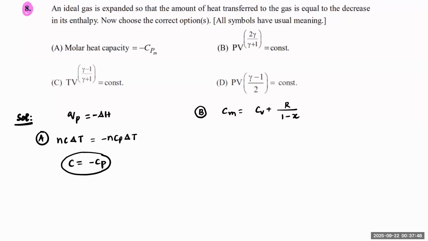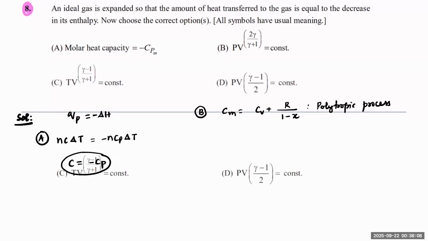This is what we learned for the polytropic process. And Cv can also be written as R by gamma minus 1. Let me derive that again. Clear? So I'll derive it once again.